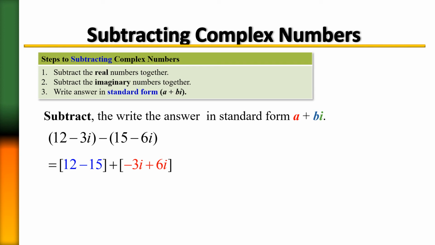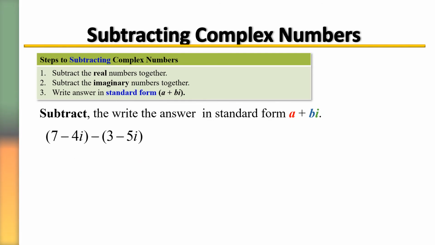For the imaginary numbers, one sign again is negative, one's positive. So subtract, take the sign from the larger number, and that's going to give me 3i. So writing your answer in standard form, your answer would be negative 3 plus 3i.